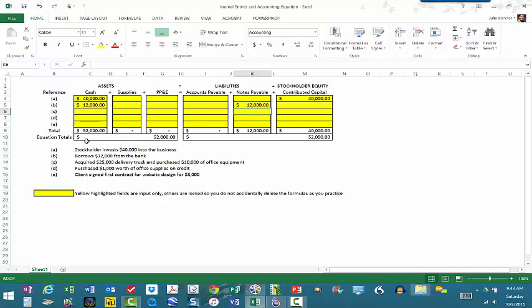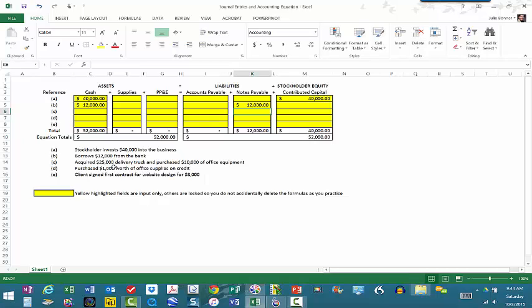Notice down at the bottom, each time I do a transaction up at the top, it keeps a total for me of what the account has in it as a balance. Then my accounting equation is keeping track of whether my assets actually equal my liabilities plus stockholder equity. So far, I'm doing okay. This is good. Now we go to C.